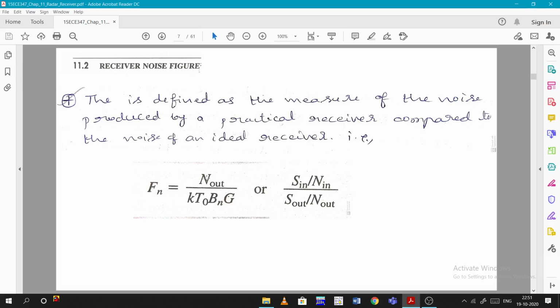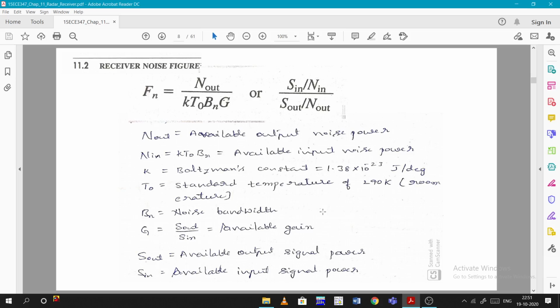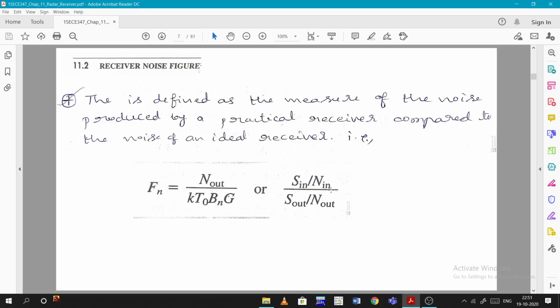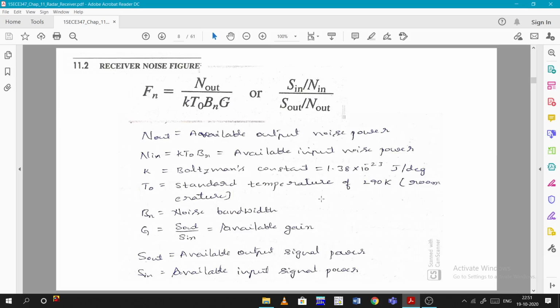Fn equals N0 by kT0BnG. This is the formula we got for Fn, and by substituting for N_in and so on, we can replace the terms. We will get Fn = (S_in/N_in)/(S_out/N_out), where S_in is the signal input, N_in the noise input, S_out the signal output, and N_out the noise output.